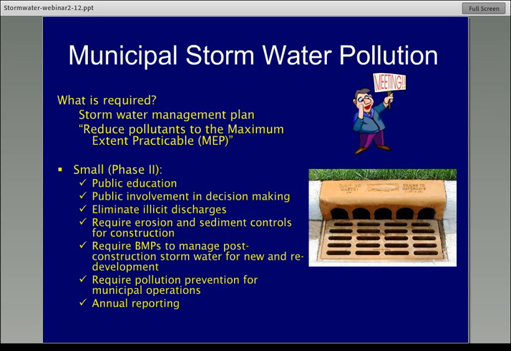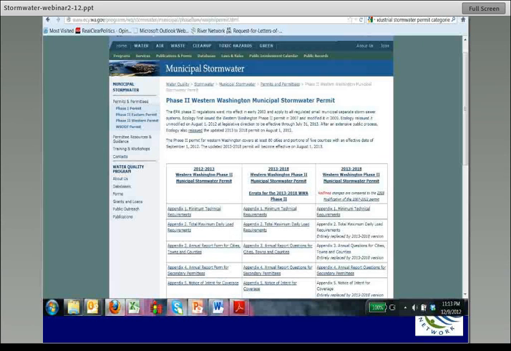The annual report sometimes is only checkboxes saying that they've started doing certain things, that they've provided a training program for construction operators, that they've held a public meeting for a given permit, or that they are reaching out to the public for decision making. So the annual report may or may not be that helpful, and there are ways you can encourage the state to make the requirements for annual reporting more helpful.